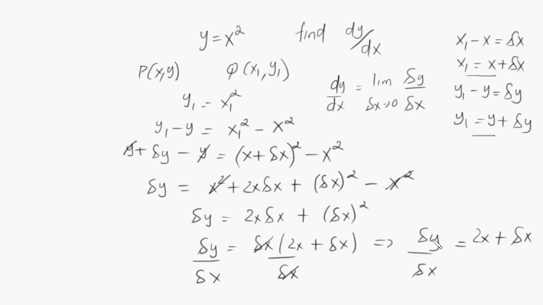Now this is the gradient of the straight line PQ, or the average rate of change of y as x changes from x to x1. But I'm looking for dy dx, or the gradient of a curve at point P. So okay, nimefika mpaka hapa kwamba delta y over delta x ni sawa na 2x plus delta x.